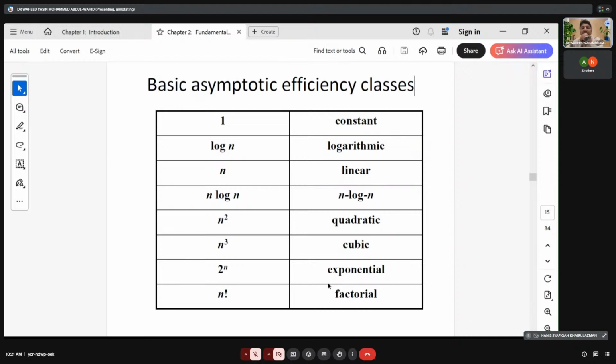So these are the basic asymptotic efficiency classes. Most of the algorithms fall into these classes: 1, log n, n, n log n, n power 2, n power 3, 2 power n, n factorial. So we have quadratic, cubic, exponential, factorial, linear, logarithmic, and constant.